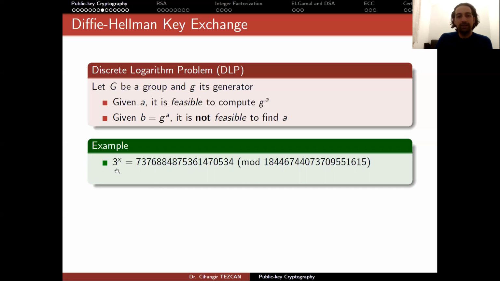Assume that I have chosen a number x, but I'm not telling it to you, and I'm taking the x power of 3 and then performing the modulo operation with respect to this number and obtaining this. So I'm giving you these numbers: 3, in our scenario, is the small g, and this number, which is b. So I perform this 3 to the x operation and obtain this number. And now I'm asking you to find x.